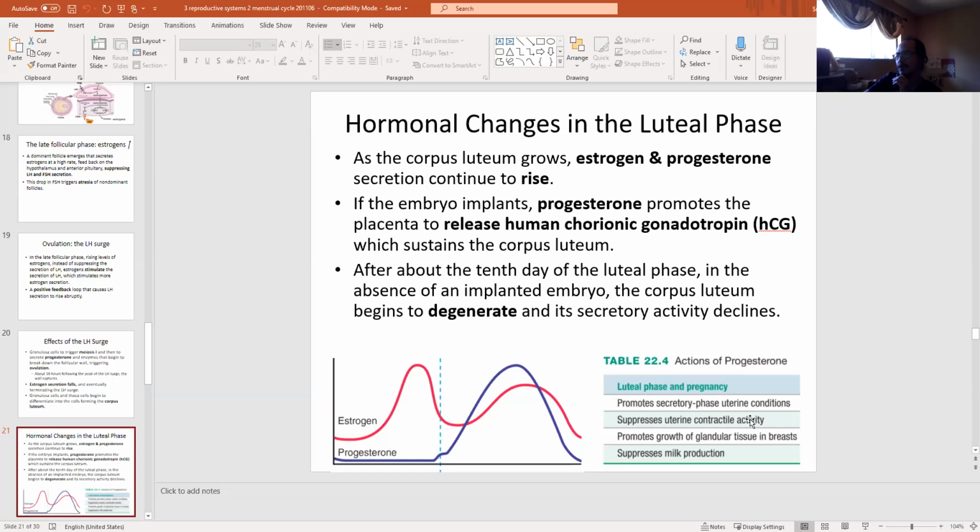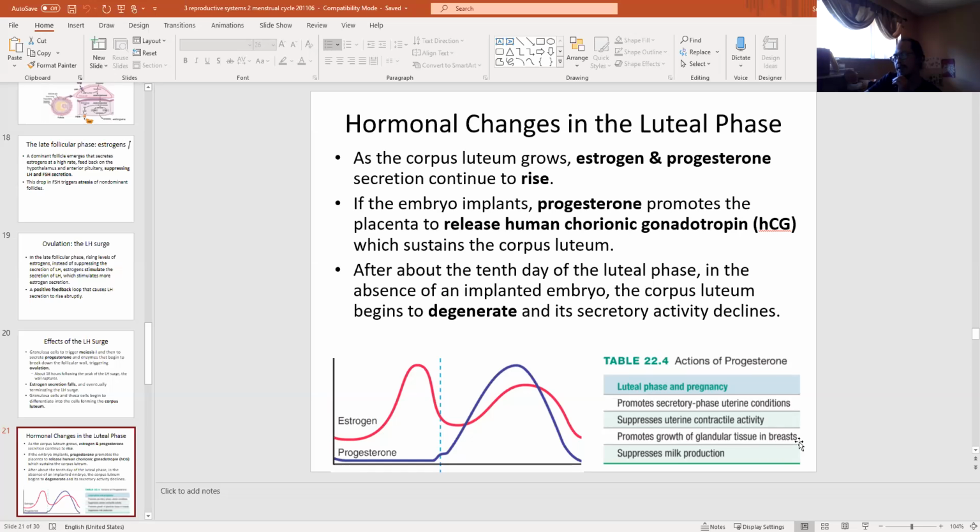So to suppress the muscle contraction, maintain a safe, stable environment for the zygote to divide and grow into the baby. It will also promote the glandular tissue in the breast.